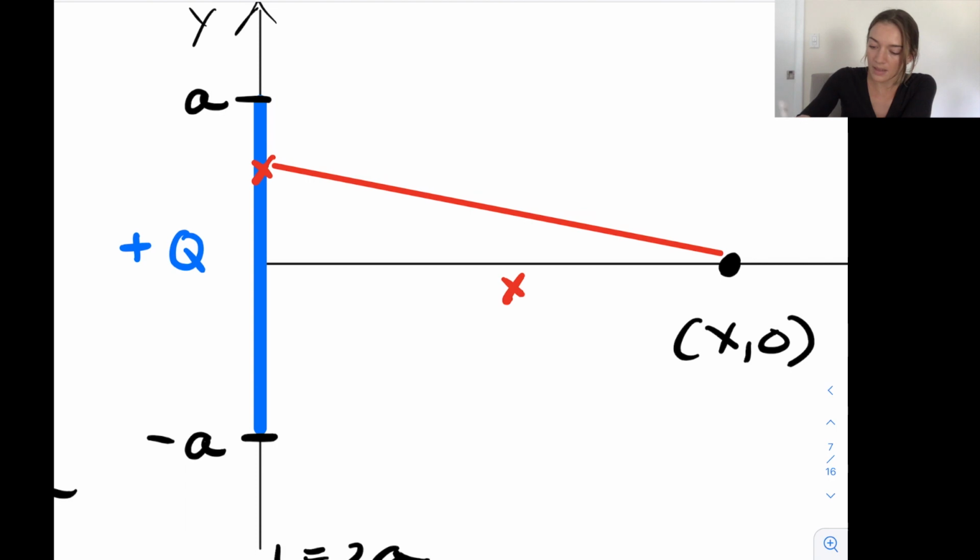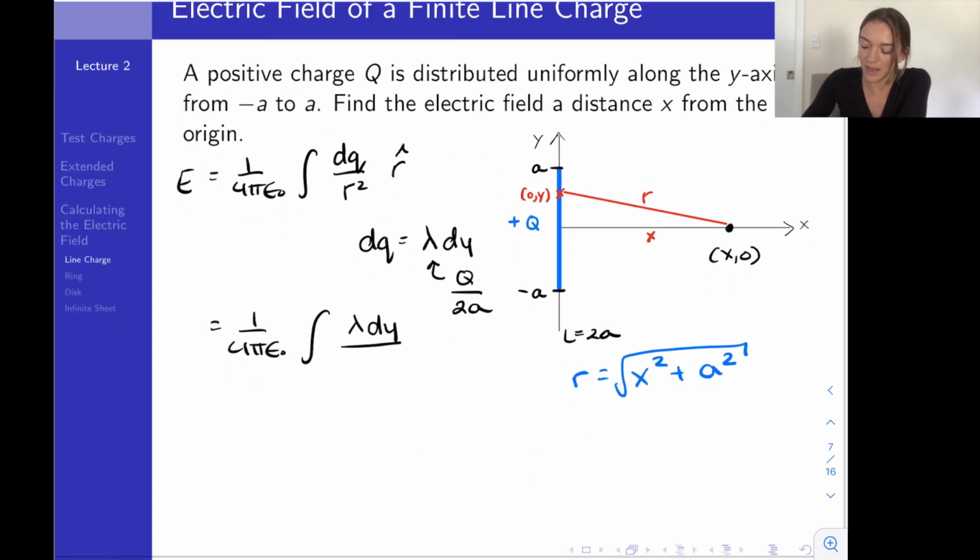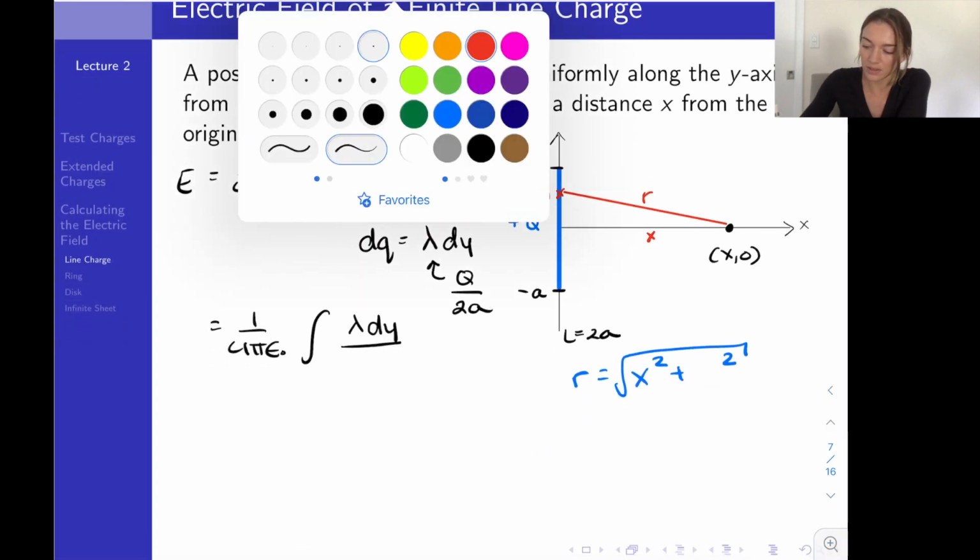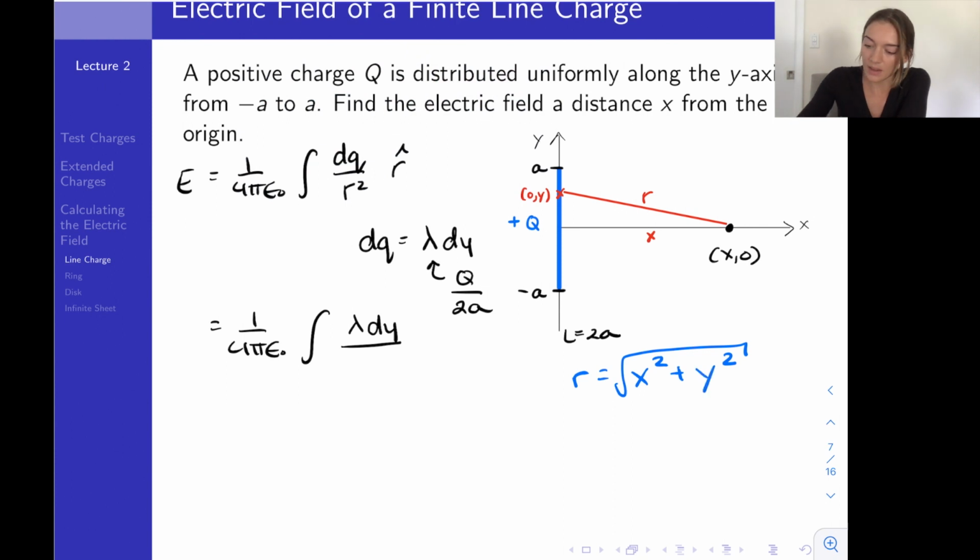Now we're at some position 0, comma y, because this point is at some position y along the y-axis. I still know that this side is length x and this side is length y. So I can just swap out this a for a y, and now this will be true at any point along my line charge.